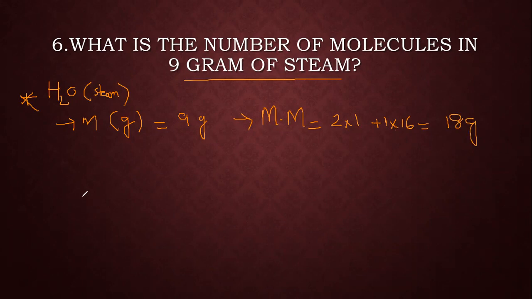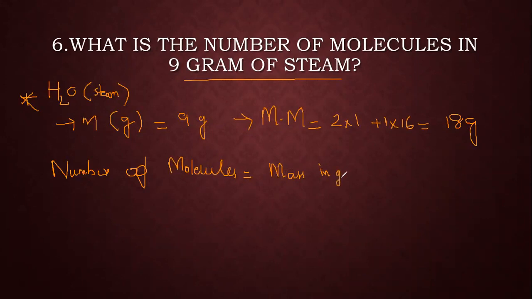So the formula is number of molecules equals mass in gram divided by molar mass, multiplied by Avogadro number NA.